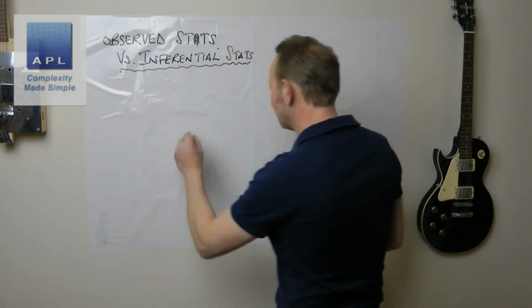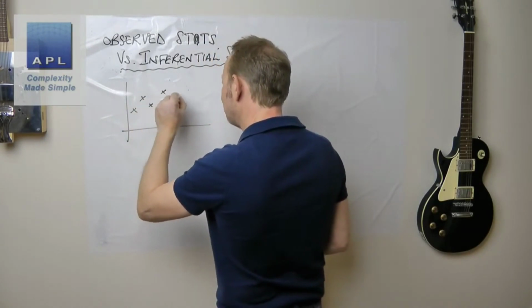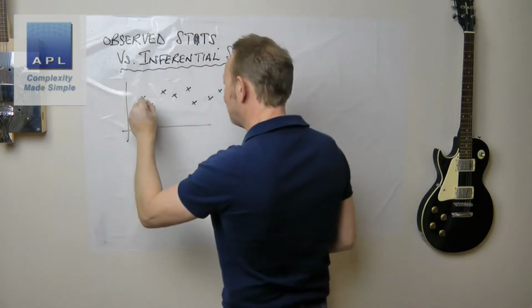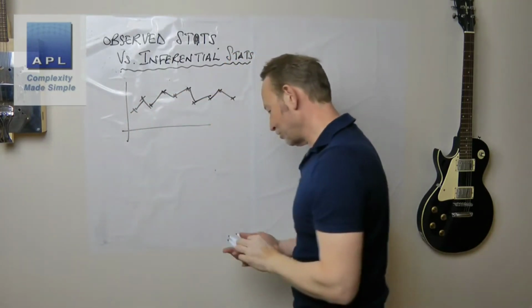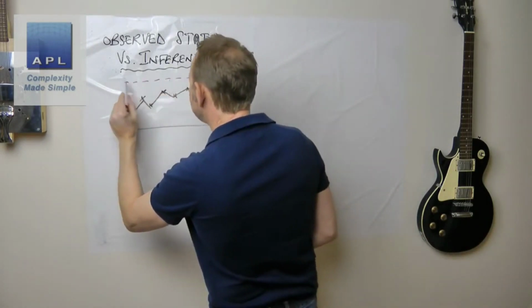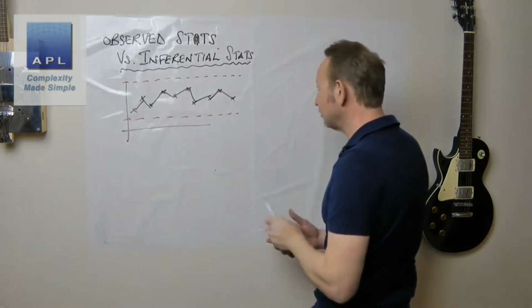So what we'll often do is someone will take a sample, they'll get, I don't know, maybe 20 data points. They'll take a look, and one of the things that they will do, they might compare it to the tolerance.